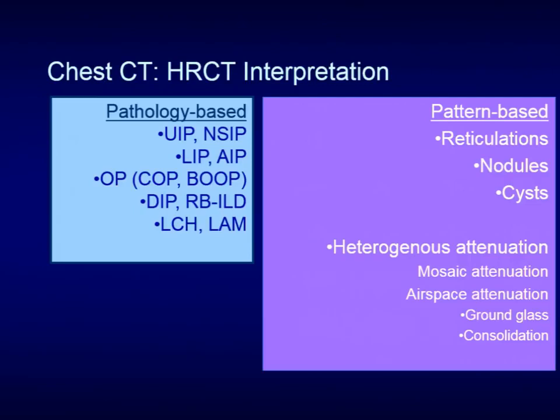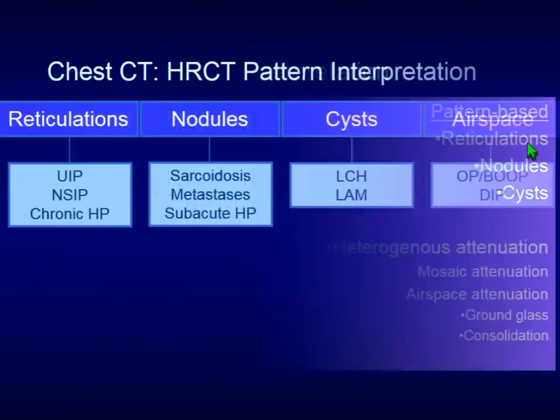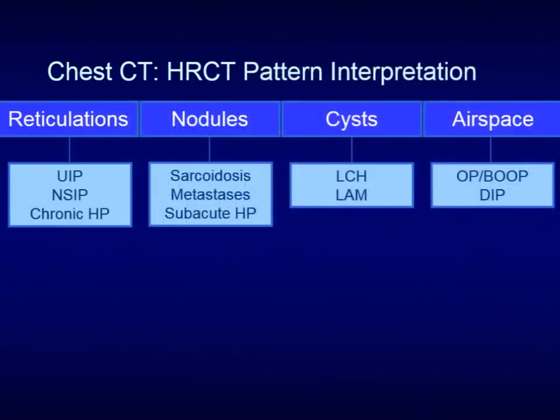This can be in the form of heavy ground glass or just ground glass, and true airspace consolidation, where you can't see the underlying lung structures. So the patterns that we're going to discuss this afternoon are simply reticulations, nodules, cysts, and airspace disease, and some of the common entities that display these radiographic patterns.